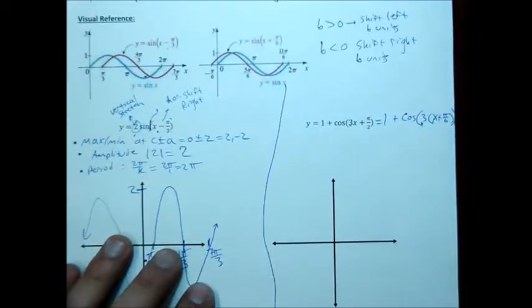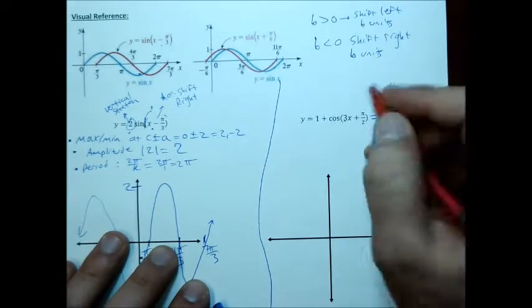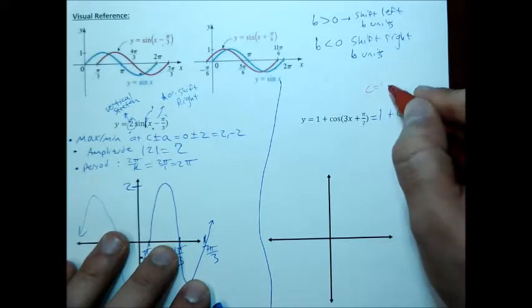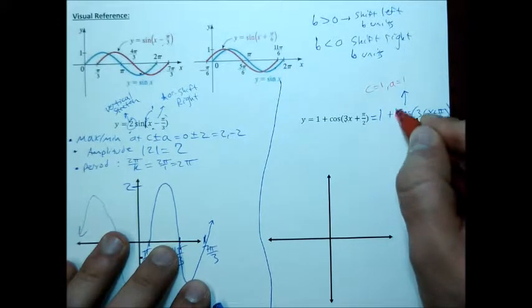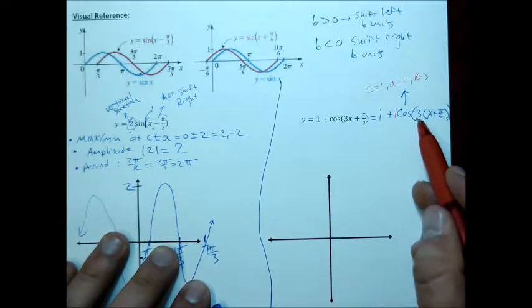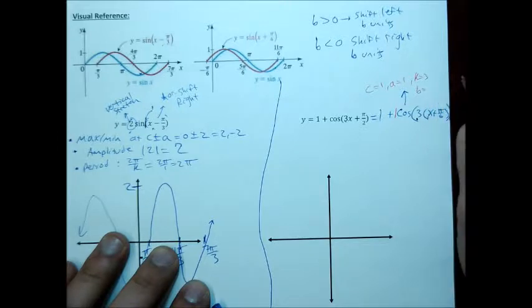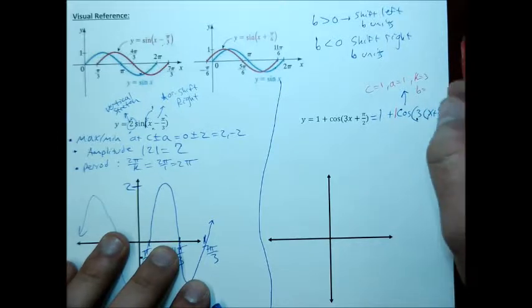Right, so when we look at this function, we see that c is 1, a is 1, because we've got a 1 out in front here, k is 3, right, the 3 is what's being multiplied on the inside, and our b is minus pi over 6.